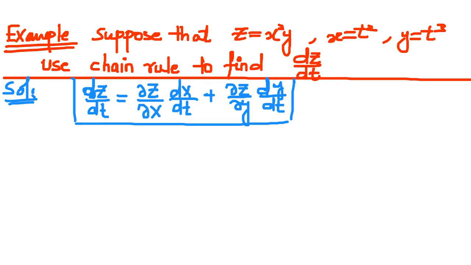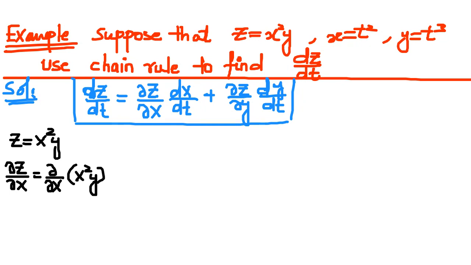Now you need four terms. First, the partial derivative of z with respect to x. Z is given, which is equal to x square y. What is the partial derivative of x square y with respect to x? 2xy. Yeah, very good. 2xy.